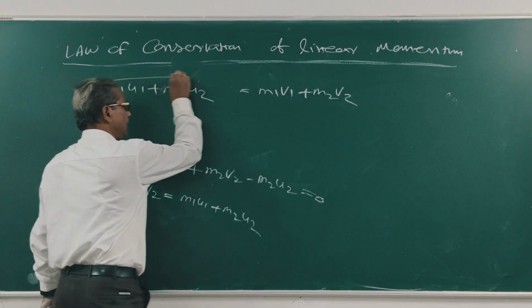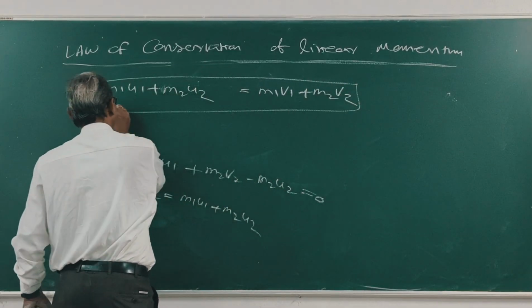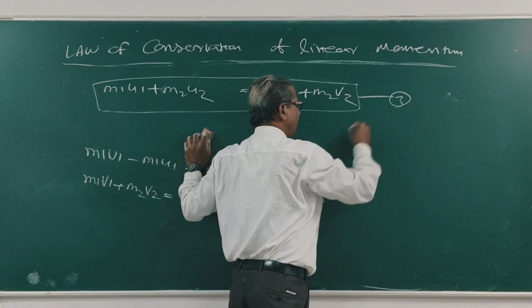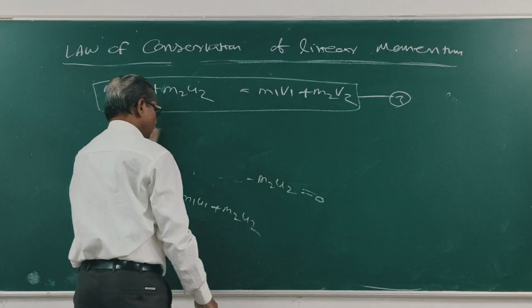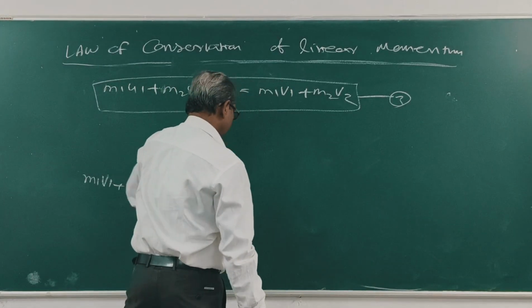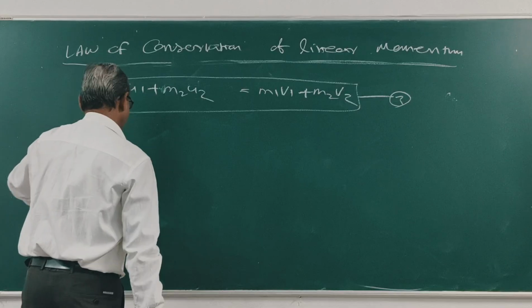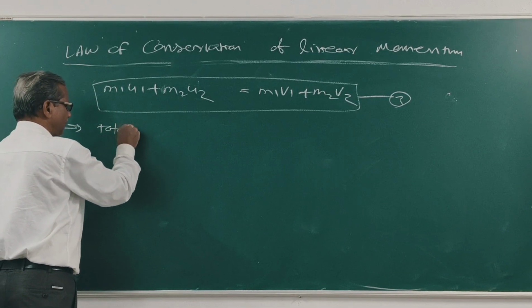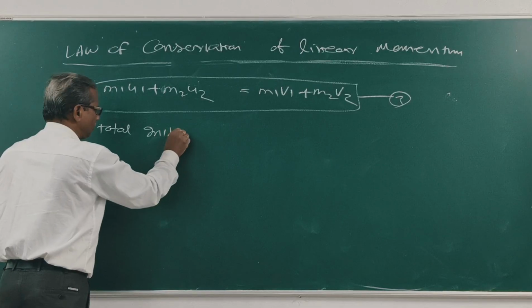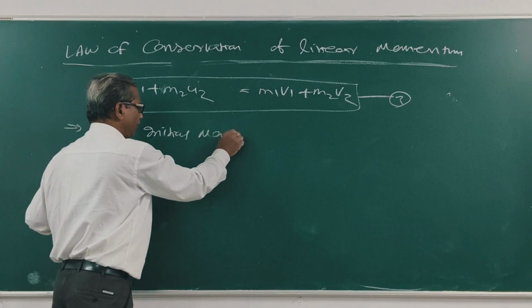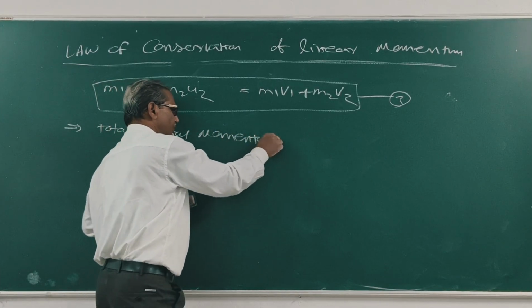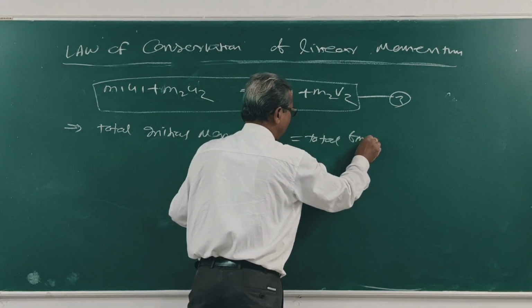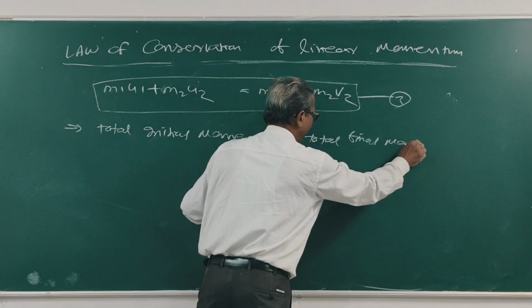This is equation 3. Therefore, total initial momentum is equal to total final momentum.